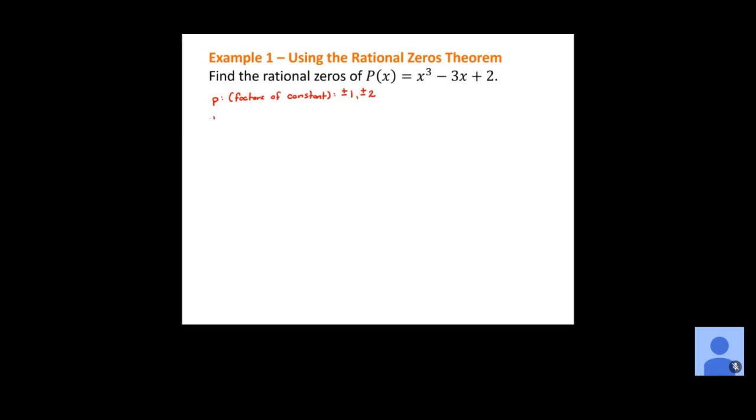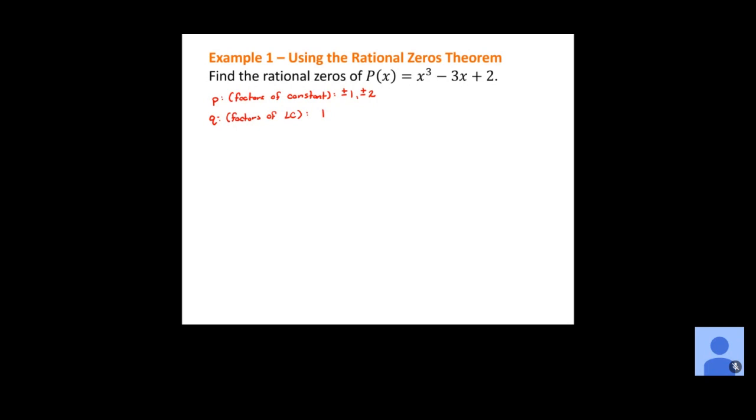All right, now, q. This is going to be the factors of our leading coefficient. So what would be the factors of our leading coefficient this time? Okay, good. Just 1, right? So our leading coefficient is 1. That's the only thing that'll work.